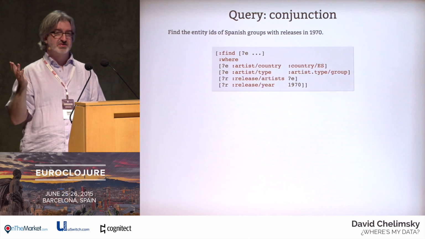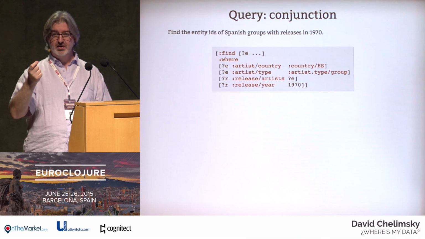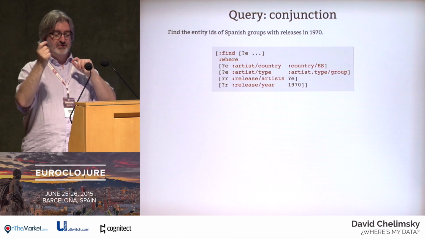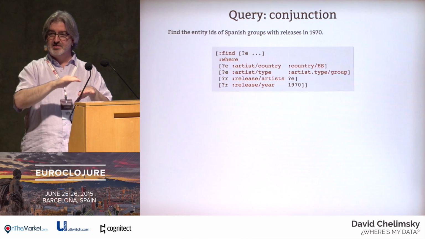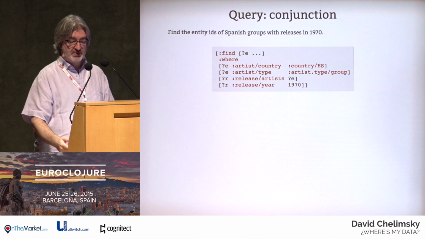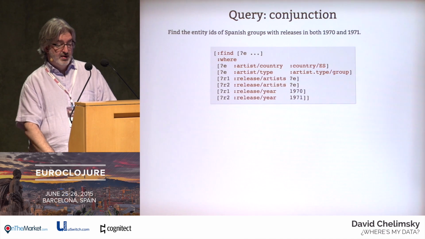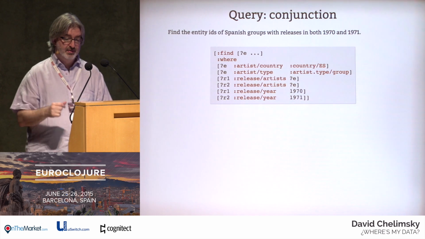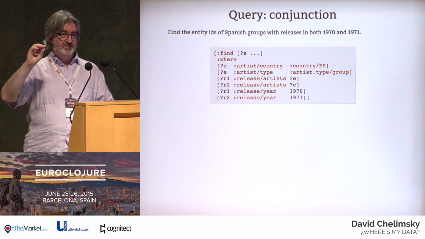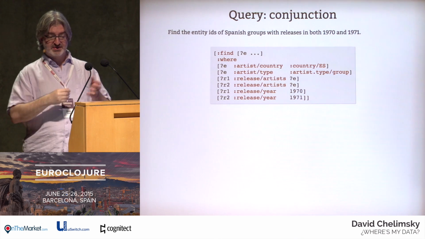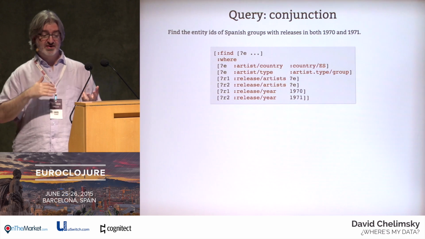We don't have to have any special syntax for this, because all we're doing is filling in the variables with the combination of values that satisfy all of the data patterns in the query. So this would give us all the groups from Spain with releases in 1970. We can bind the releases to different variables in order to be able to say something like, give me all the groups with releases in 1970 and 71.